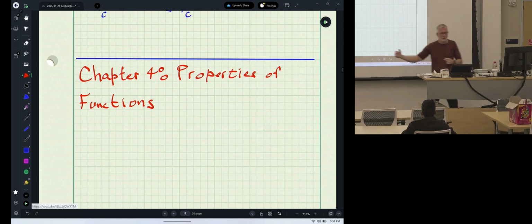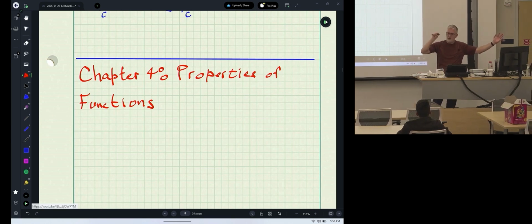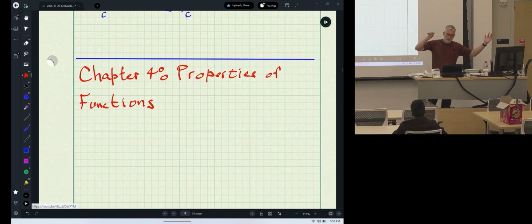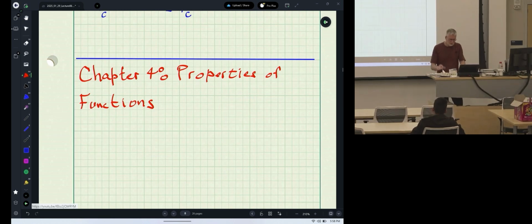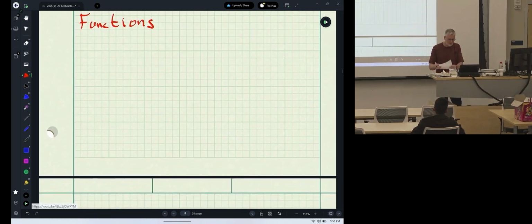And n, for you guys, would go this way for x positive. n was how far you had to go out to stay within that level of precision. And as epsilon gets smaller and smaller, so more precise, tighter bounds, you have to go farther and farther out unless the function's constant, in which case it doesn't matter where you are. Okay, so those limits are just fundamentally easier to understand.